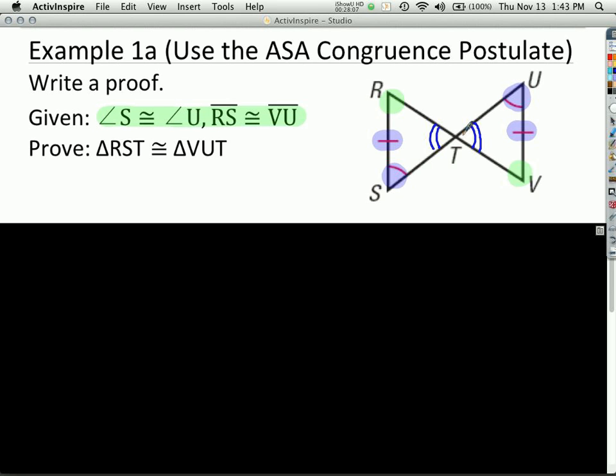Absolutely. So this angle is congruent to this one, this is congruent to this one, so now we have two angles in one triangle congruent to two angles in another. The third angles theorem says that the third angles will automatically be congruent. And so we have proven it using that technique.